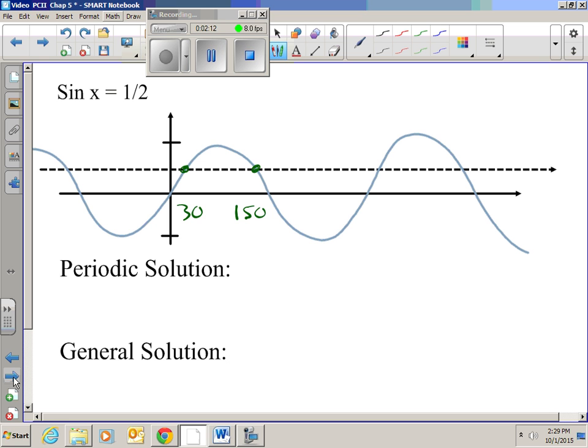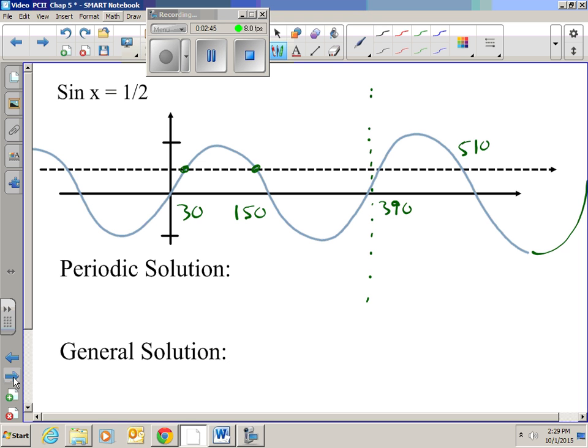Once we go through one complete period right here, as we go back into the first quadrant and loop around the unit circle a second time, I'm going to have another answer, which is 390. In the second quadrant now, I'm going to have another answer, which is 510. Eventually, if I looped far enough around, I would have more answers as I went further down the right-hand side.